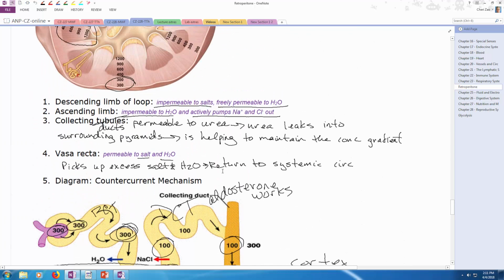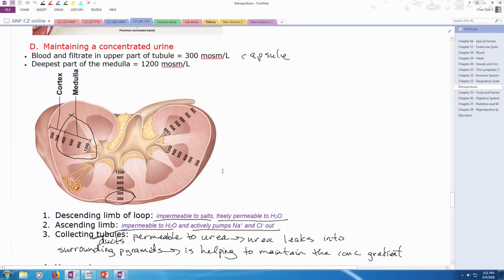Don't forget at the beginning of this section on maintaining concentrated urine, blood and filtrate in the upper part of the tubule is at 300 milliosmoles in both the blood as well as the filtrate, so both in the glomerulus and the first part of our filtrate. And it's important for us to realize that the osmolarity of the cortex is also around 300 milliosmoles.